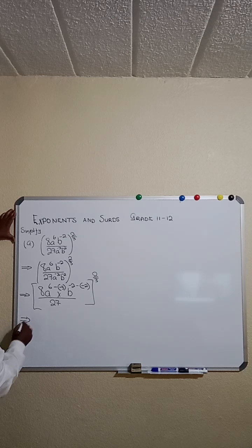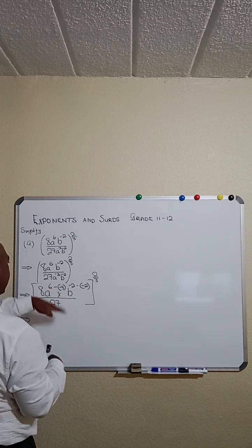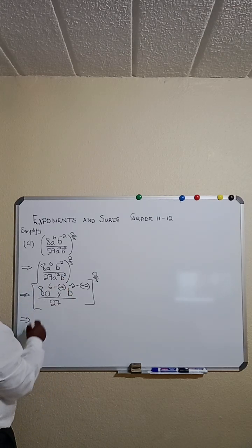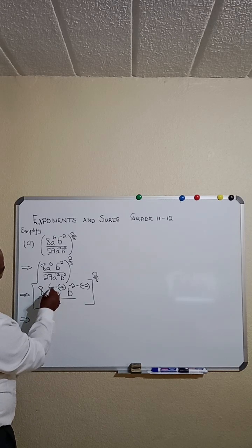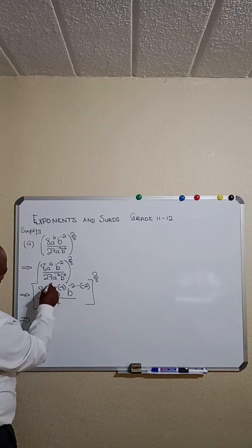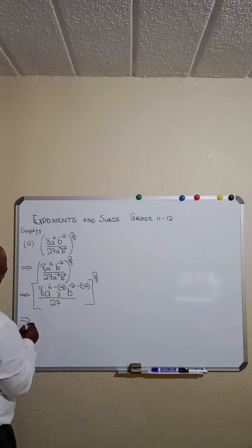Now let's work inside the bracket. So 6 minus minus 3, minus minus is positive, so we're going to have 6 plus 3, which is 9.